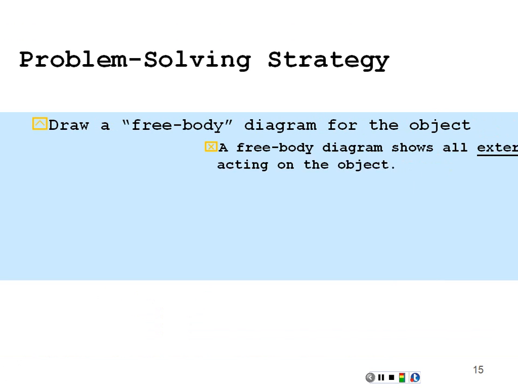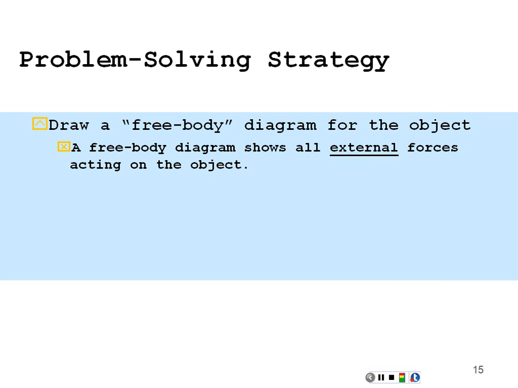So here's our problem-solving strategy. We're going to draw a free body diagram for the object. The free body diagram shows all the external forces acting on the object. Only those forces acting on the object, not the forces that the object exerts on other things, just the ones that are exerted on the object.